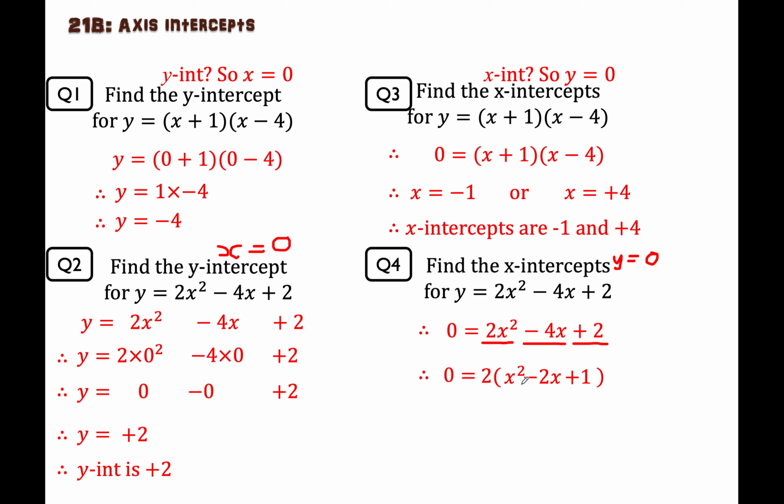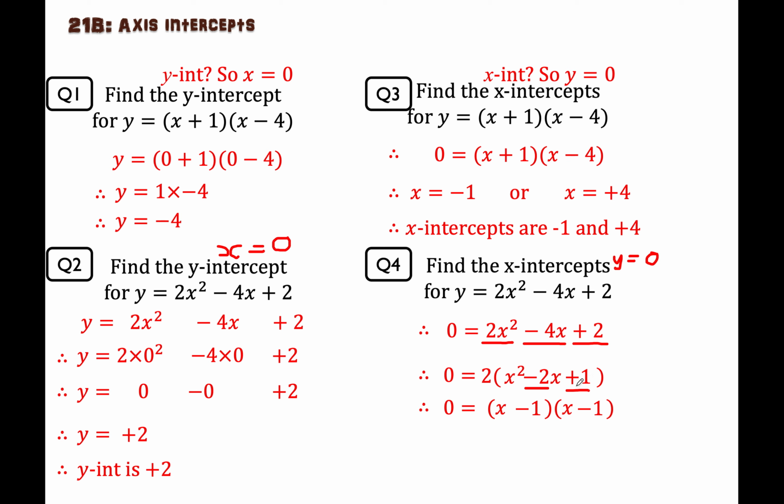Can you think of two numbers that have a sum of negative 2, but a product of positive 1? The numbers are negative 1 and negative 1. If you do minus 1 and subtract 1, you get negative 2. But if you do minus 1 times minus 1, you get positive 1.